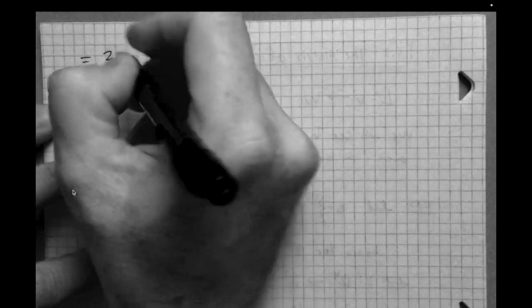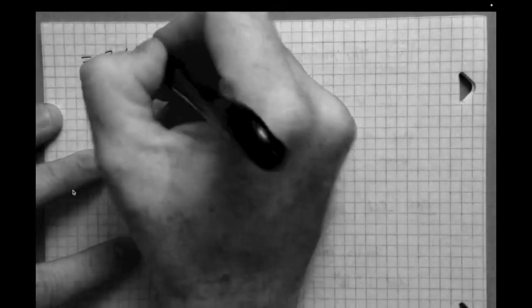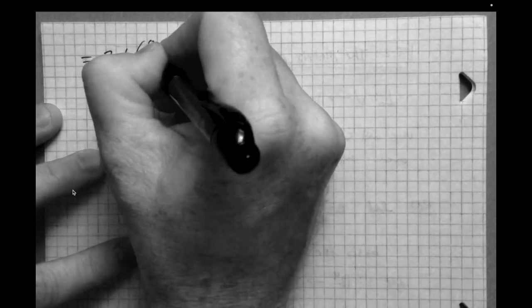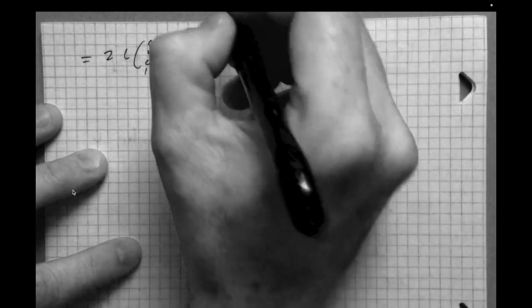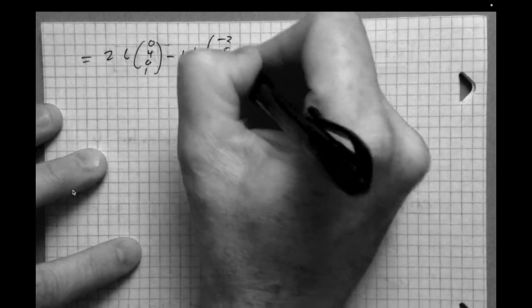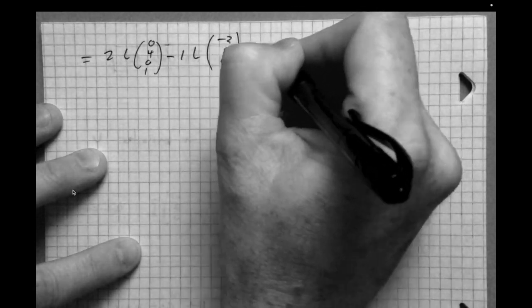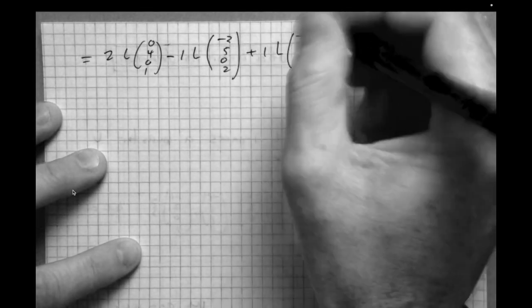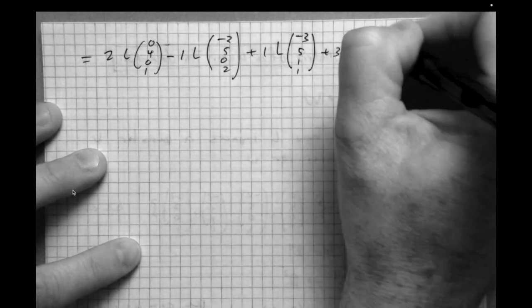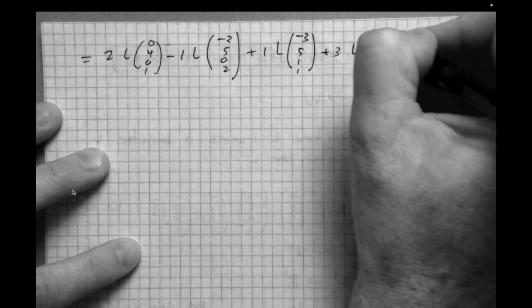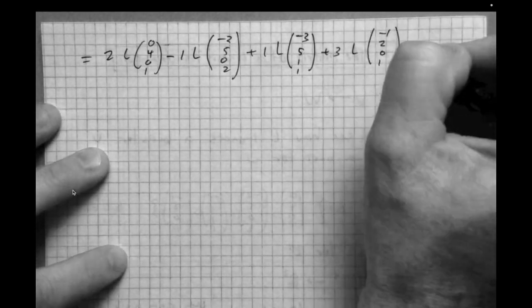And so that's equal to 2 times the linear transformation of (0, 4, 0, 1) minus 1 times the linear transformation of (-2, 5, 0, 2) plus 1 times the linear transformation of (-3, 5, 1, 1) and then plus 3 times the linear transformation of (-1, 2, 0, 1).